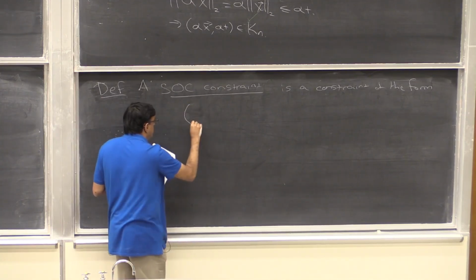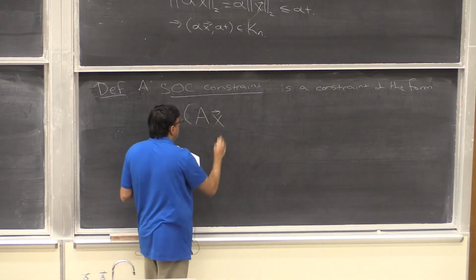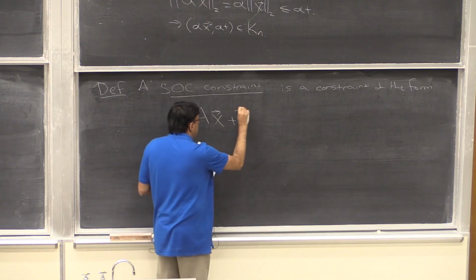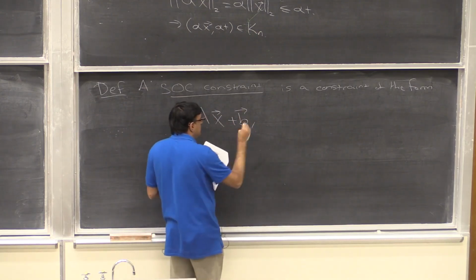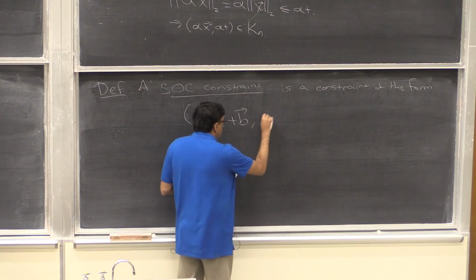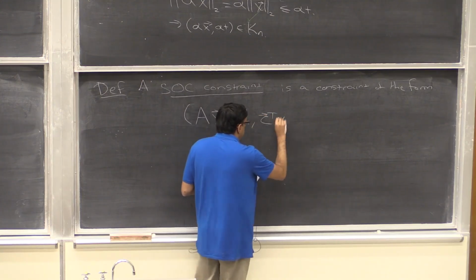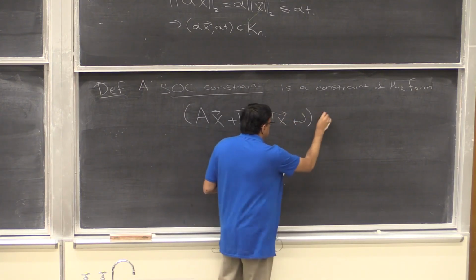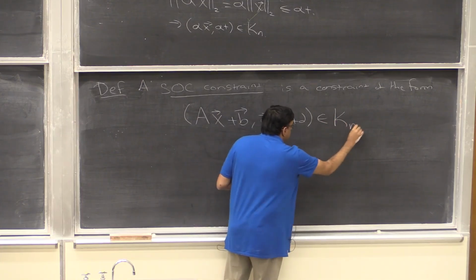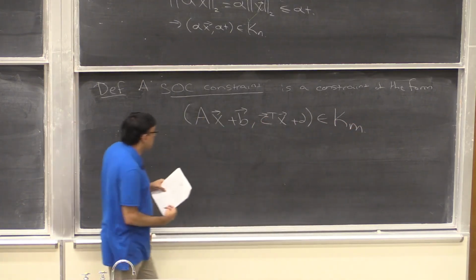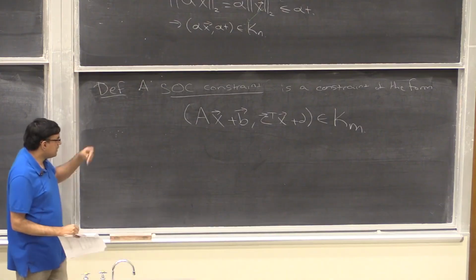Ax plus b, comma, c transpose x plus d is inside the second order cone of some dimension, where A can be whatever matrix.